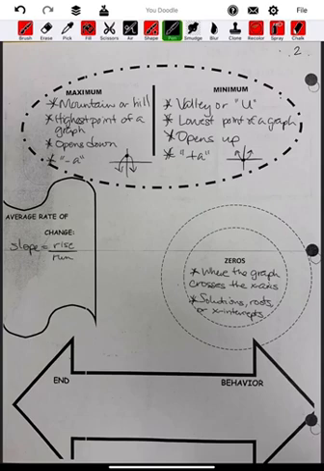And then our last double-sided arrow we're going to talk about is our end behaviors.